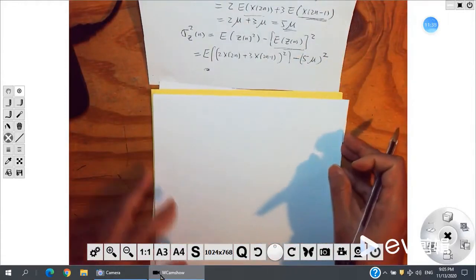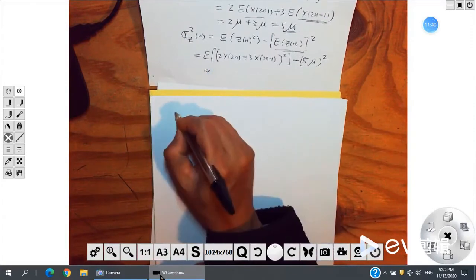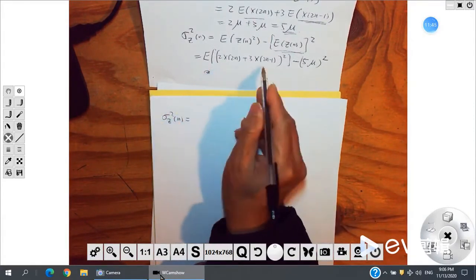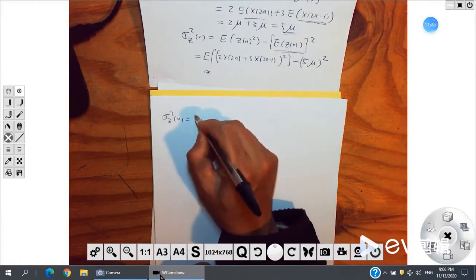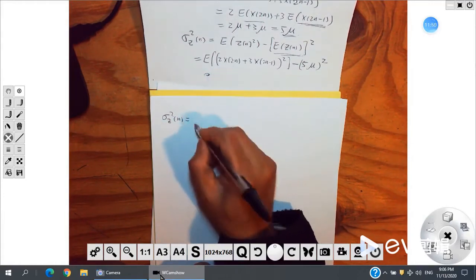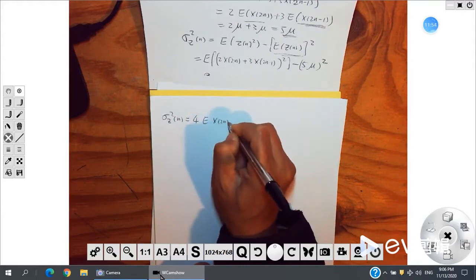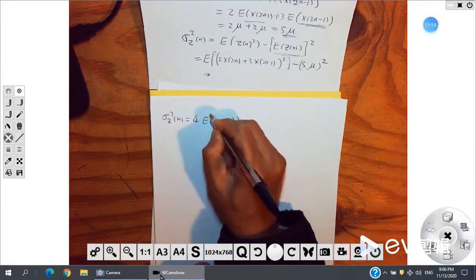Okay, then we calculate this first term, sigma z squared of n. That will be, okay, the square of this term is 4 of E of x 2n squared. Okay.